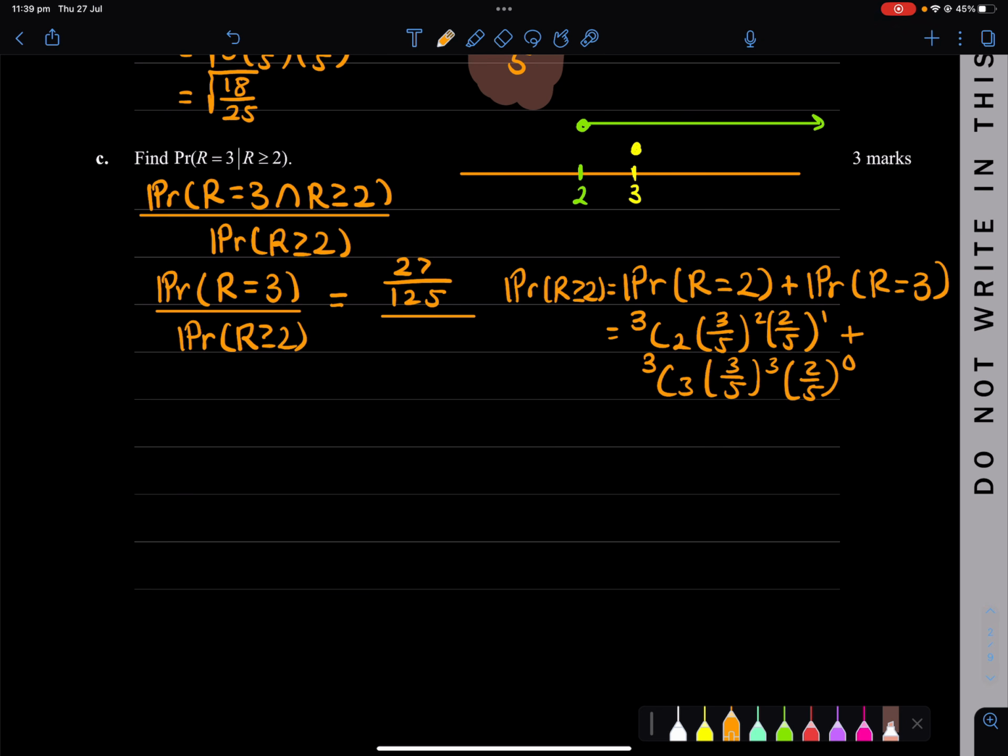So adding all this together, I'm just going to rub this off and move this over here to make it nicer. So the probability of R is greater than or equal to 2 is just over here.